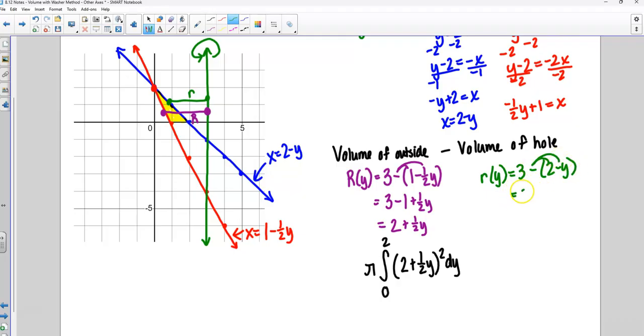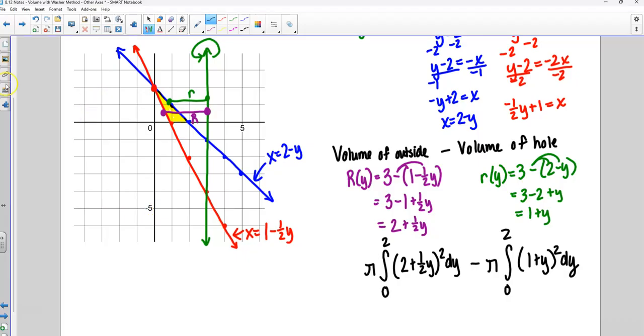Distribute here: 3 minus 2 plus y, which is 1 plus y. And so we've got minus pi integral from 0 to 2 of 1 plus y squared dy. You can combine them if you want, but that's fine on the free response. You can leave it.